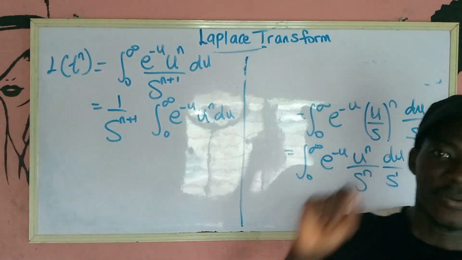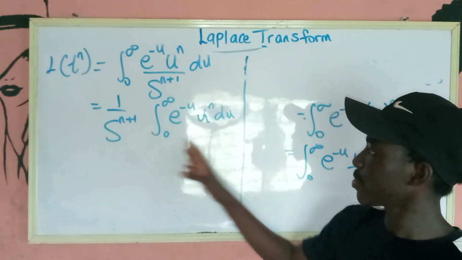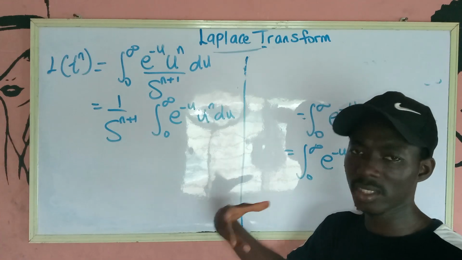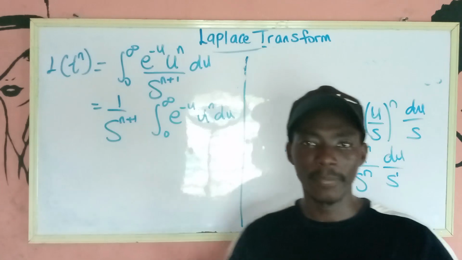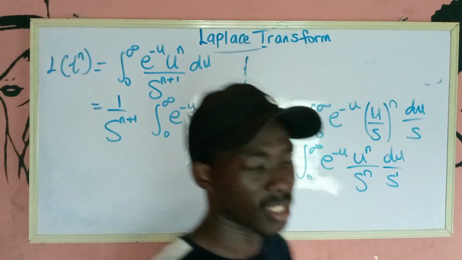Yeah, this is the real stuff we need. So this, we don't need to integrate it. It has a special form in math which we call the gamma function. So this is how the gamma function is defined.